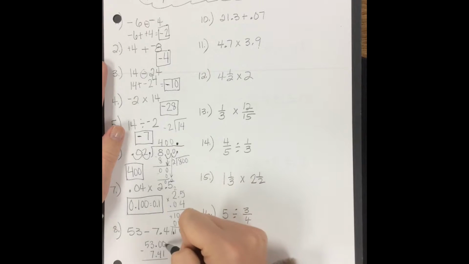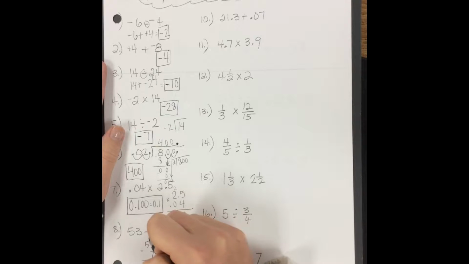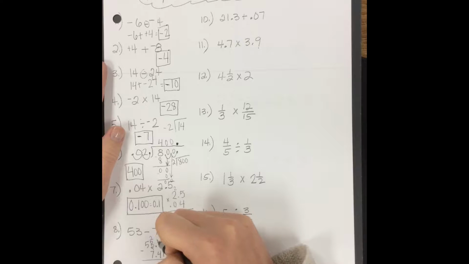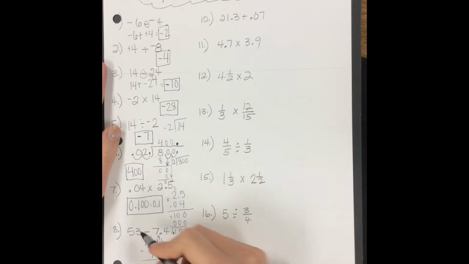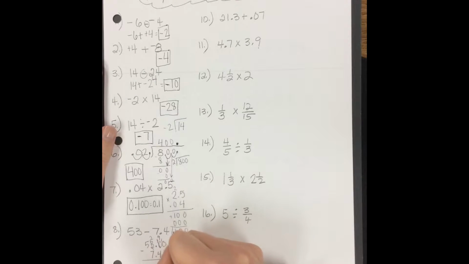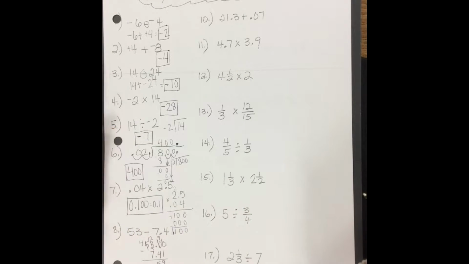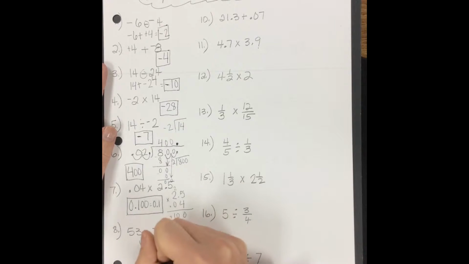0 minus 1, you can't do that. Borrow, can't borrow from that 0 yet. So 3 becomes 2, this becomes 10. Now we can borrow from the 10 to make it 9, and that becomes a 10. So 10 minus 1 is 9. 9 minus 4 is 5. 2 minus 7, we can't do that, so go ahead and borrow, make that a 4, make that a 12. 12 minus 7 is 5. 4 minus 0 is 4.